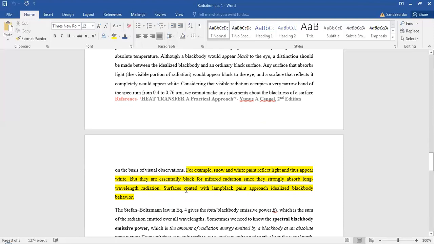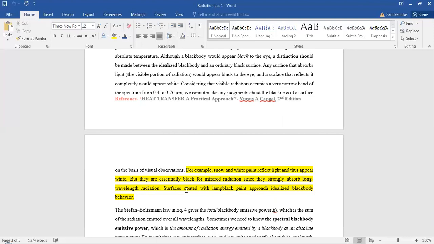In one of the experiments that we will come across in our syllabus, we will see that if we want to calculate the emissivity of any surface with reference to a blackbody, then that blackbody will be taken as a steel plate which is coated by lamp black. In this way, the steel plate will approach an idealized blackbody behavior.